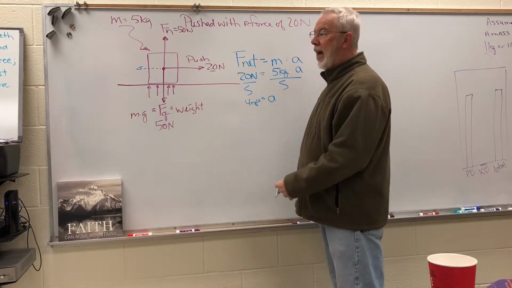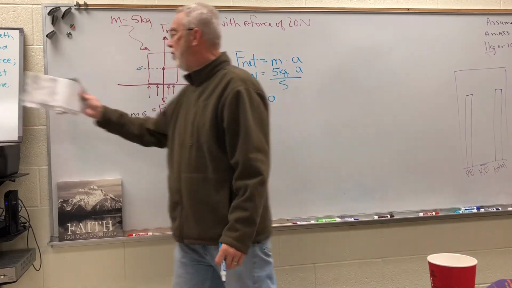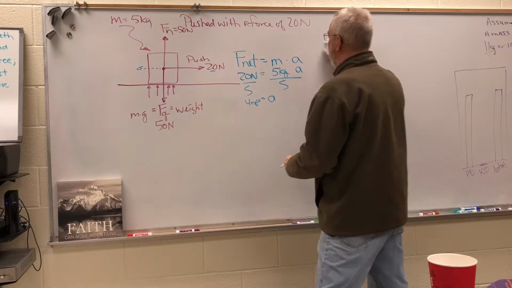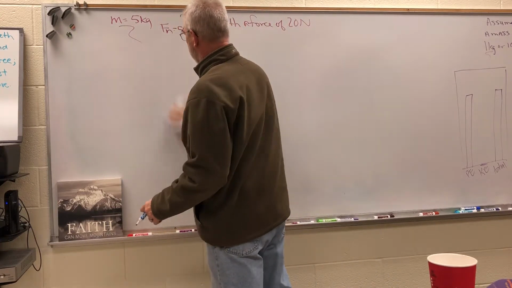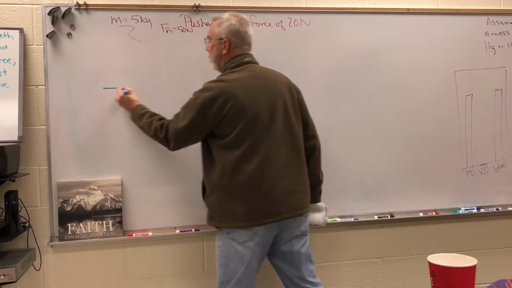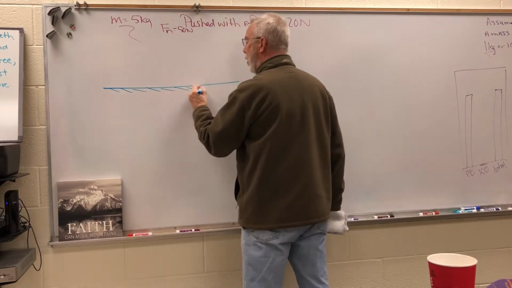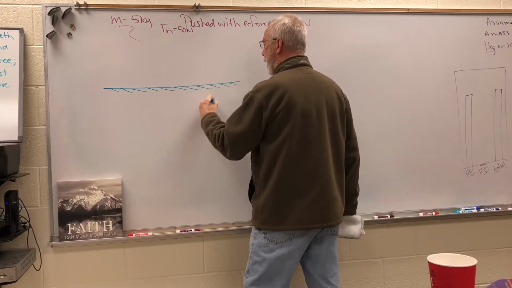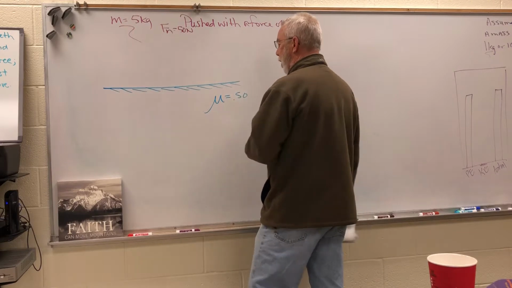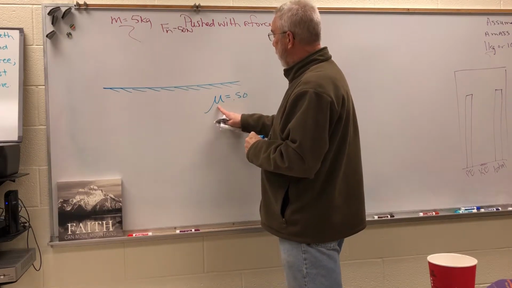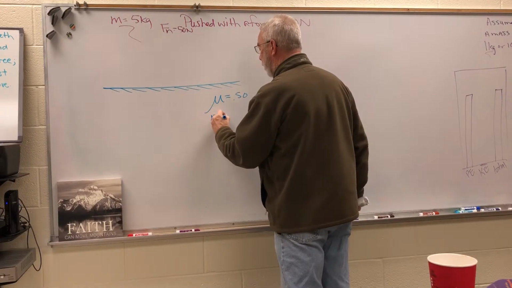Now, let's add something to this picture and see how it changes. It's basically the same problem. I'm going to erase it and then redraw it right quick. Here's the tabletop, but this time I give the coefficient of friction to be 0.50. This symbol right here is a mu symbol, a Greek symbol.